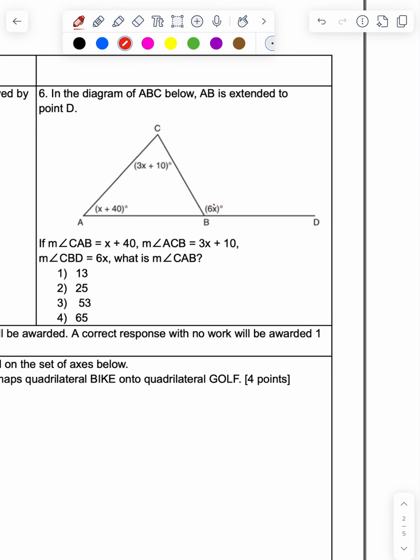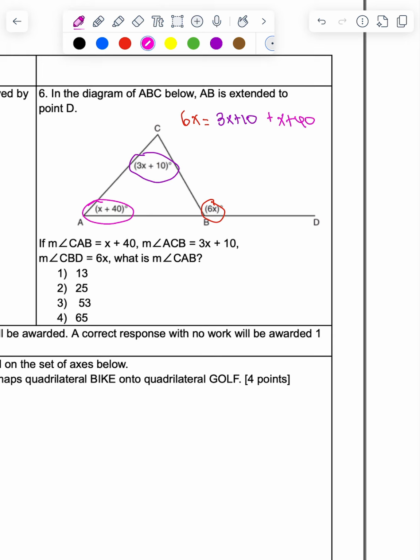Here we have an exterior angle of the triangle. And remember that the exterior angle theorem for triangles says that the exterior angle is equal to the sum of the 2 non-adjacent interior angles. So 3x plus 10 plus x plus 40.